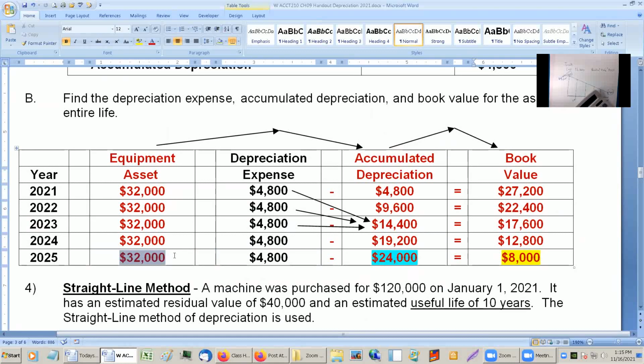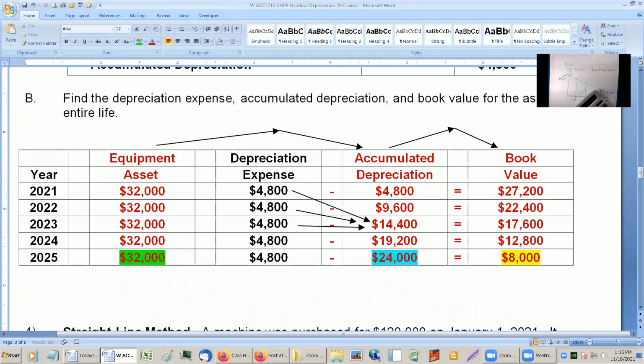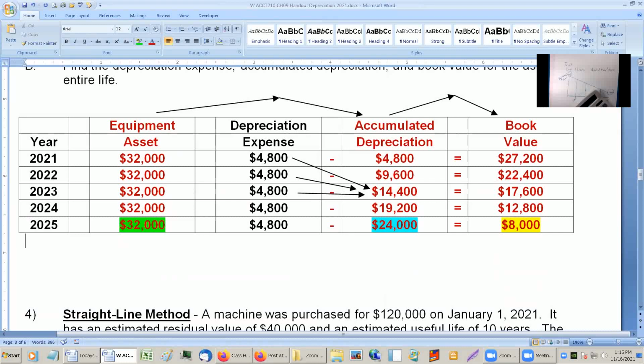So if you come down here, you see at the end of its life, it costs 32,000. This is the depreciable amount. And this is the residual value.